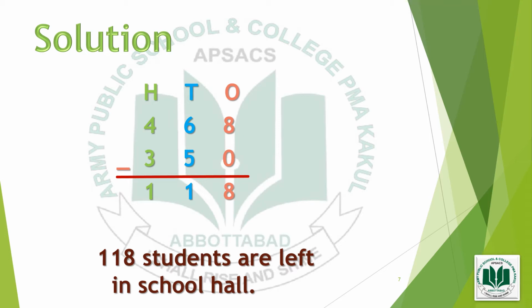Write the places, write the numbers, and subtract these numbers. The first number is 468, and you have to subtract 350. When we subtract these two numbers, the answer is 118. Now this 118 is the number of students which are left in the hall.